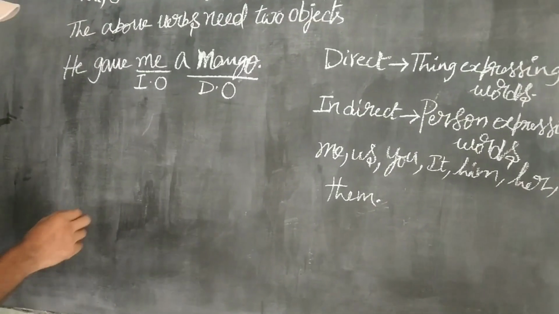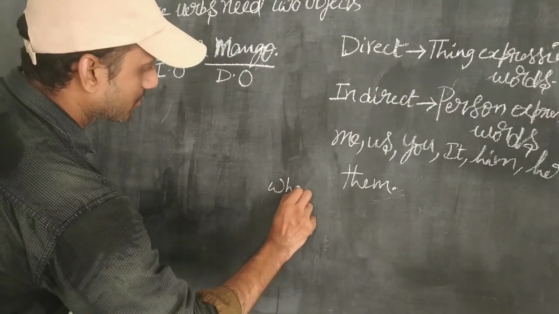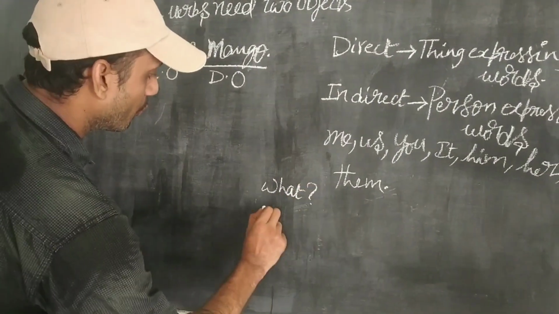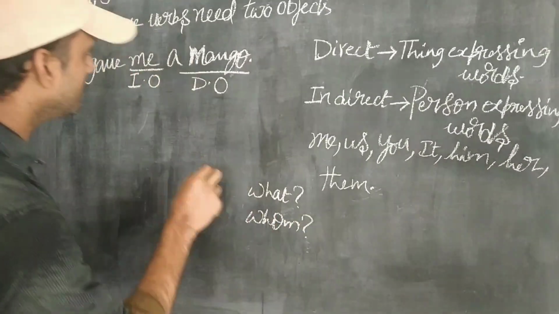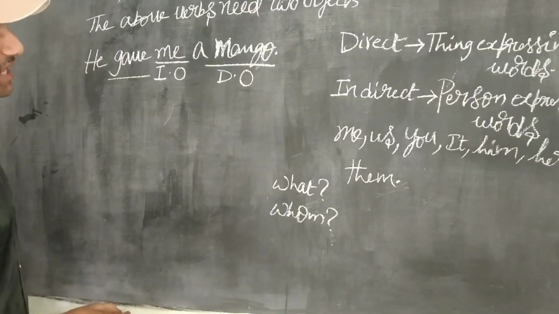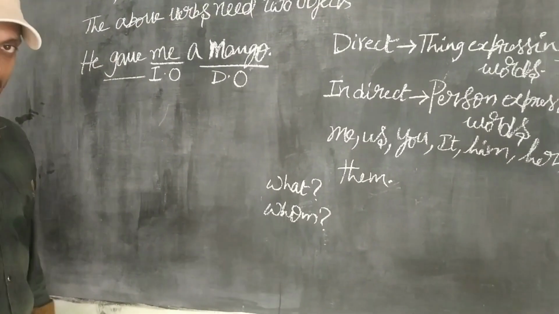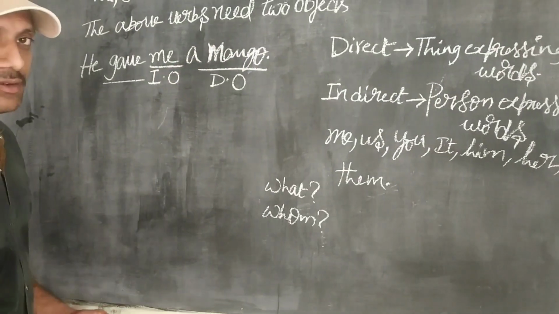Now, if we get what or whom as a question here, we can treat the verb as transitive, right? He gave me a mango. What did he give?